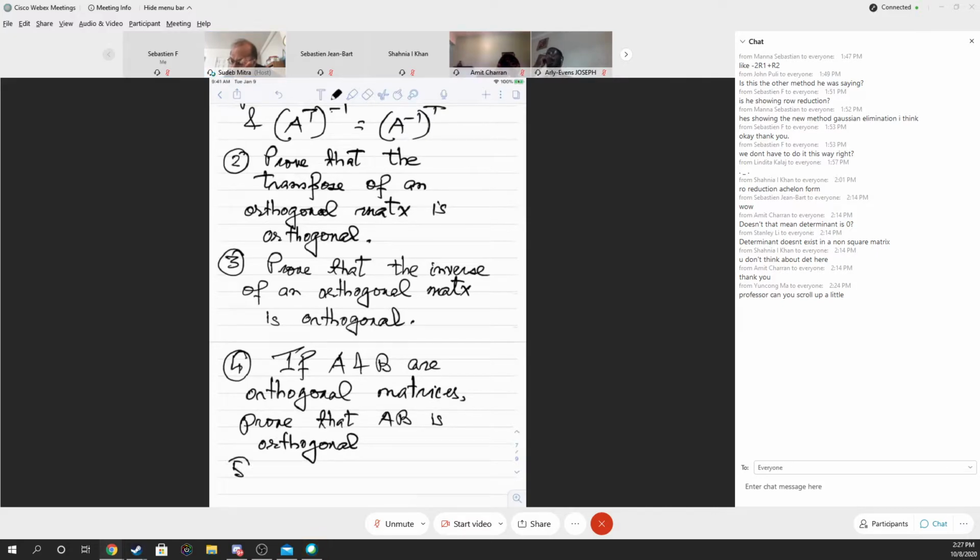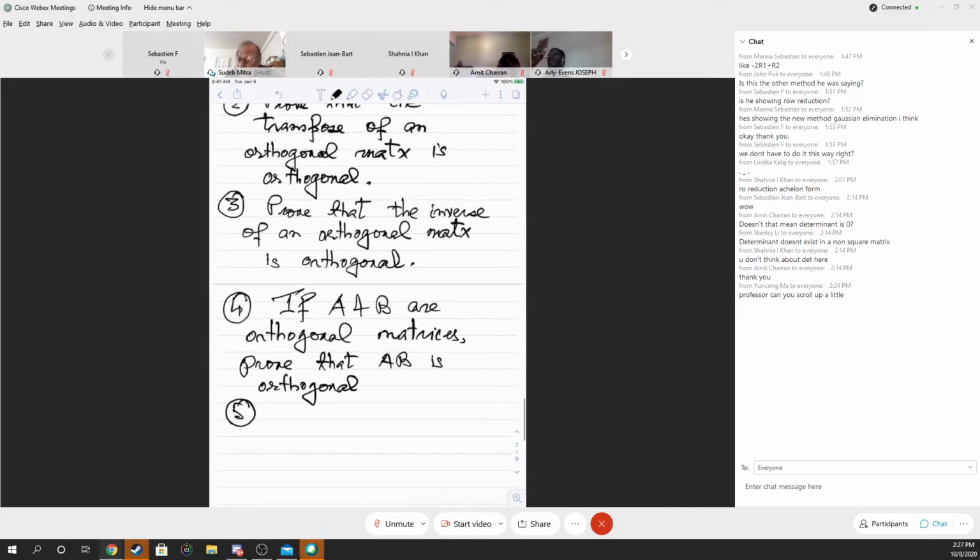Number 5, if A is orthogonal, prove that determinant of A is plus or minus 1.